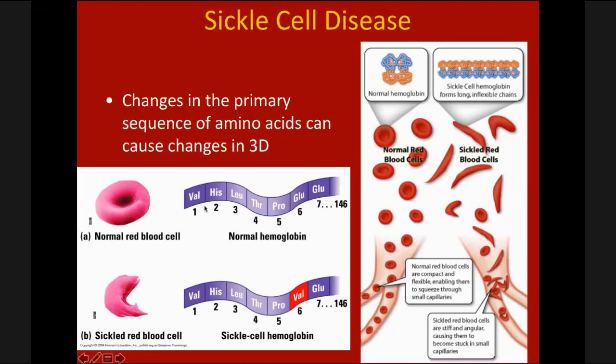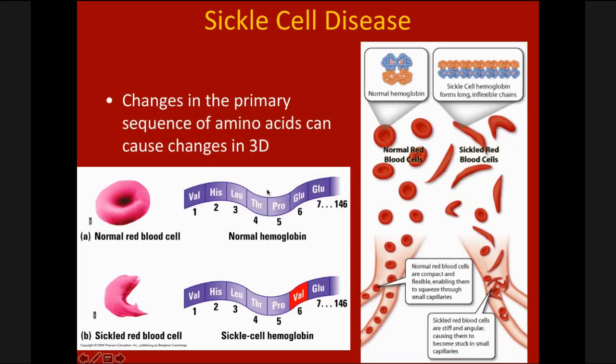Now, here's the interesting thing. Again, your primary sequence is the most important part. If we take a look here, here's the representation of the sequence of amino acids in the coding for the protein hemoglobin. It's got 146 amino acids in a chain. And then it's going to undergo secondary structure, the spiraling, the pleated sheet, and then tertiary structure, bonds forming between the functional groups to fold and make that hemoglobin that's then going to coat the surface of the membrane of your red blood cell.